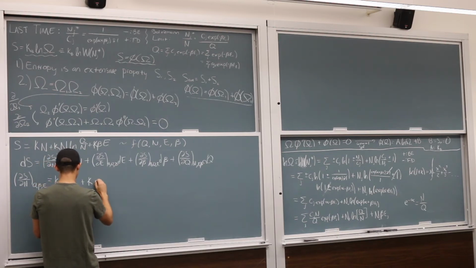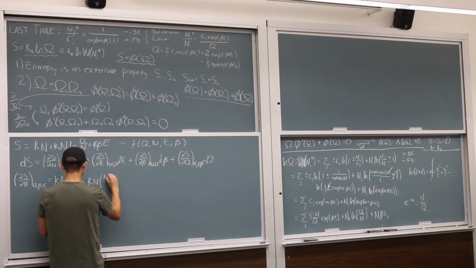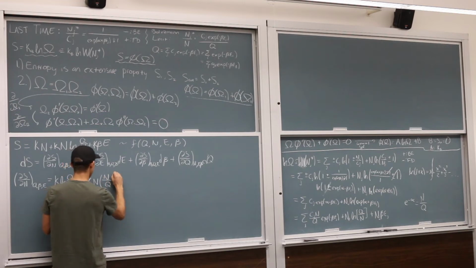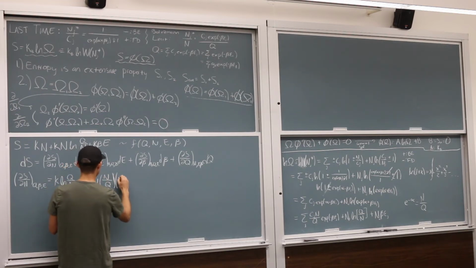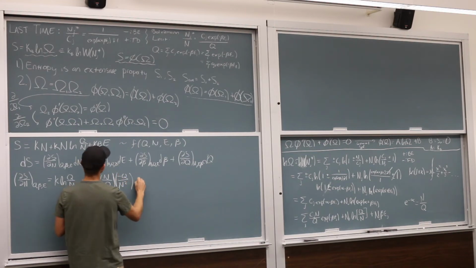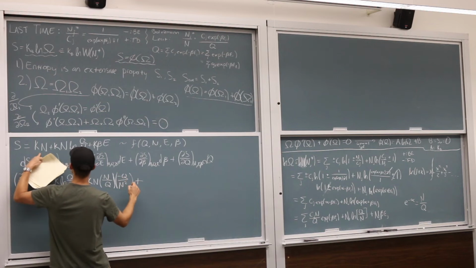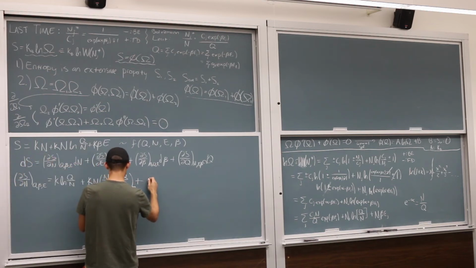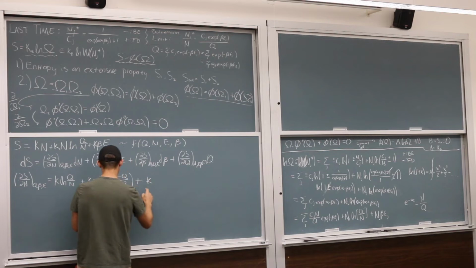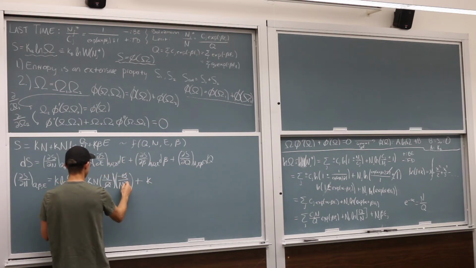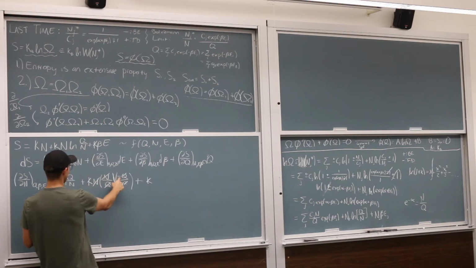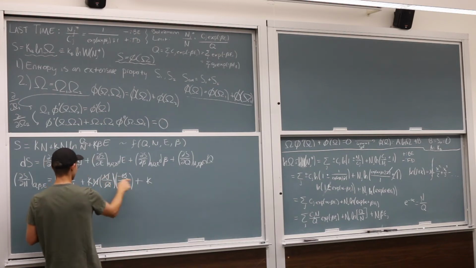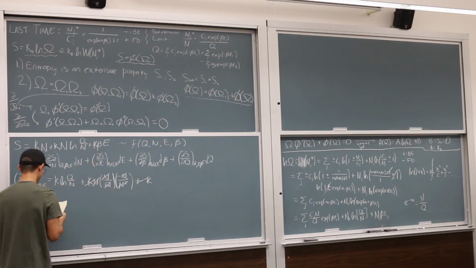Okay, so we have k n times n over q, product rule, chain rule actually here, over n squared, plus k. So the q's cancel here, this cancels with that one, and then the remaining n cancels here. And you have a minus. What you end up with is a minus k and a plus k, so these two cancel.